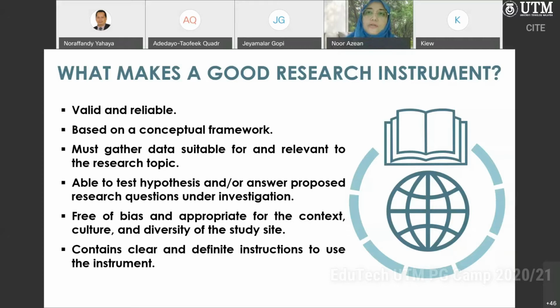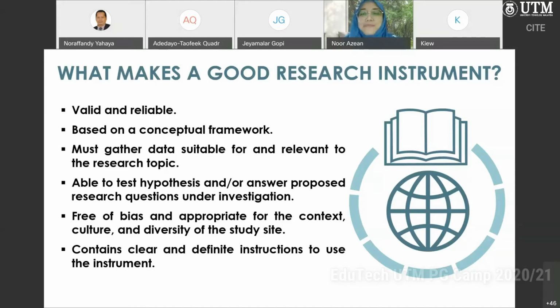A good research instrument is one that has been validated and has proven reliability. This is a very, very important part. It should be one that can collect data in a way that is appropriate to the research question being asked. Therefore, if a student asks me to validate their instrument, I will validate it step by step, word by word, item by item.